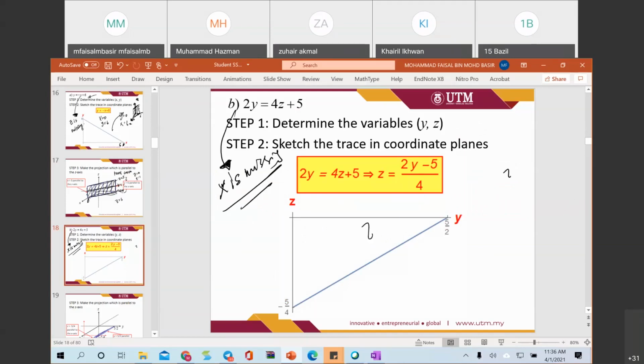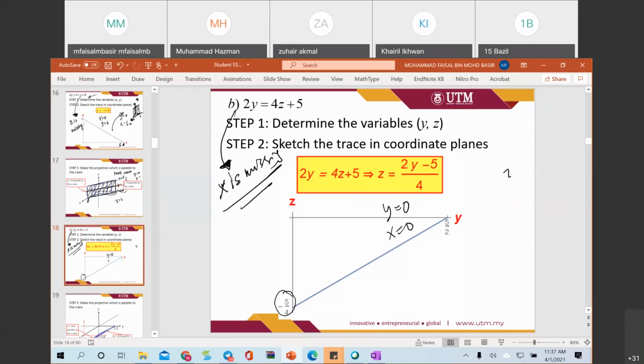So this is z equals (2y minus 5) over 4. So when y equals 0, z is negative 5 over 4. Oh, now we have a negative z.